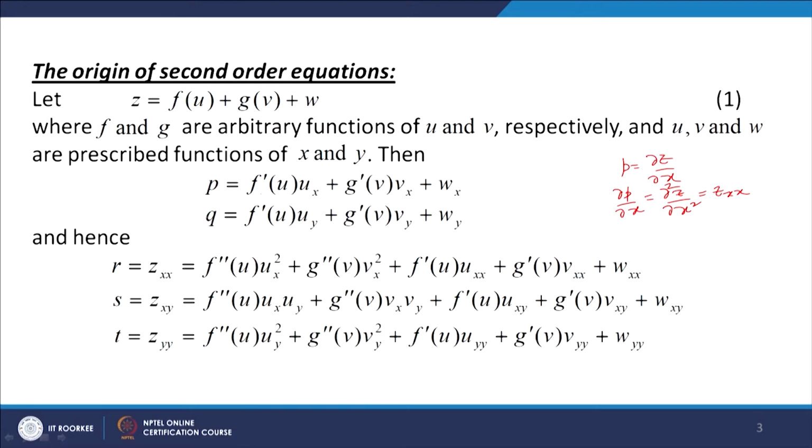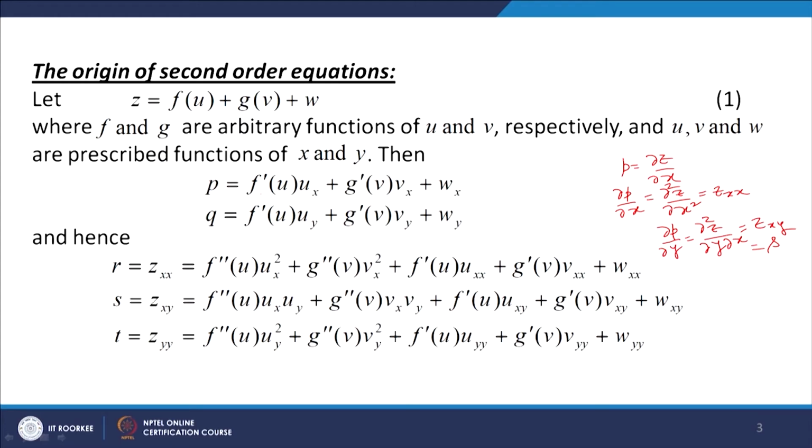And similarly when we differentiate p with respect to y, we get zxy, which is equal to s. Now zxy will be, you differentiate this equation with respect to y.